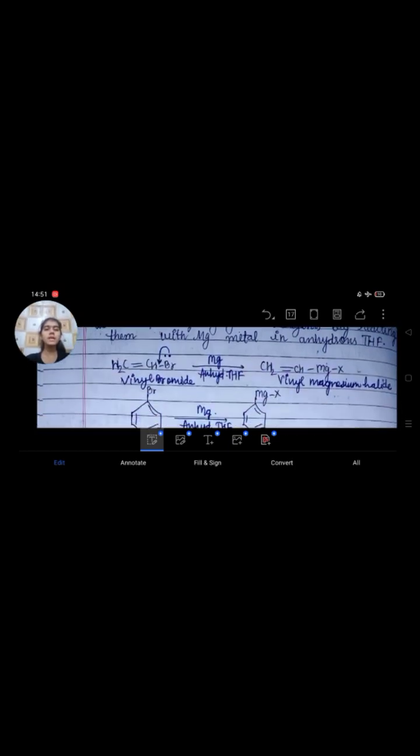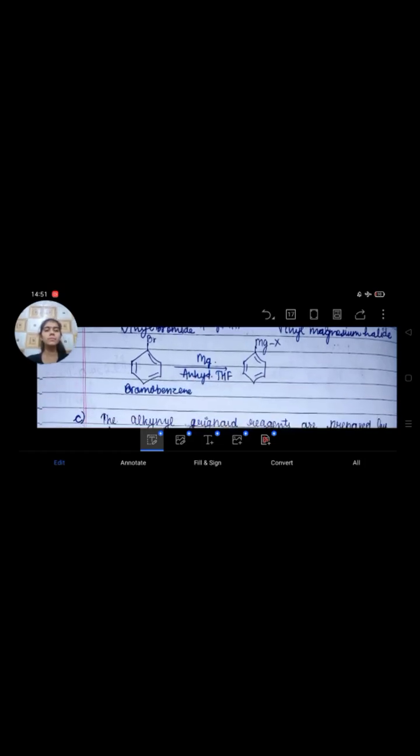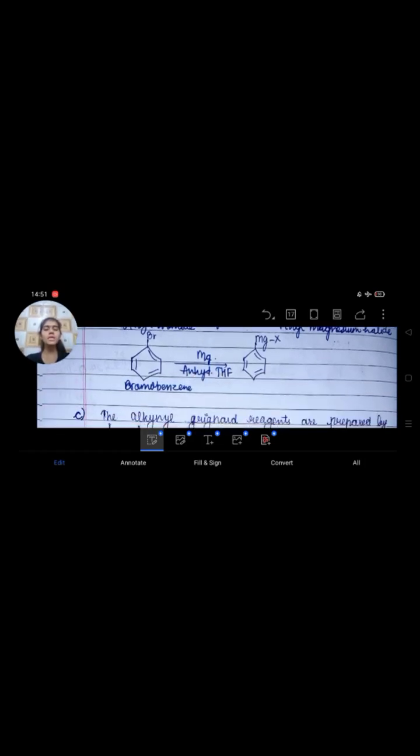We can see the reactions: vinyl bromide when it reacts with magnesium in anhydrous tetrahydrofuran converts into vinyl magnesium halide. And bromobenzene when it reacts with magnesium in the presence of anhydrous tetrahydrofuran is converted into magnesium halide with phenyl group.